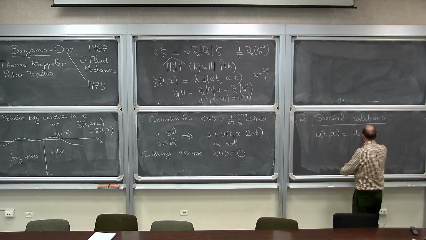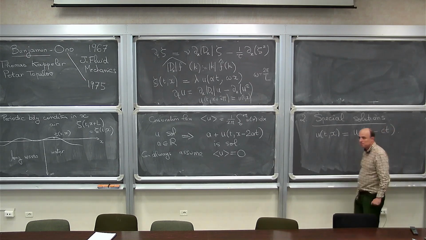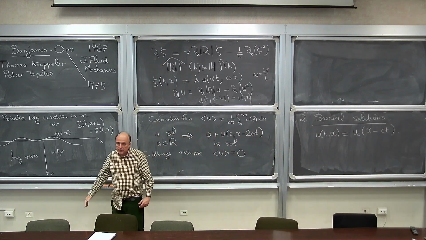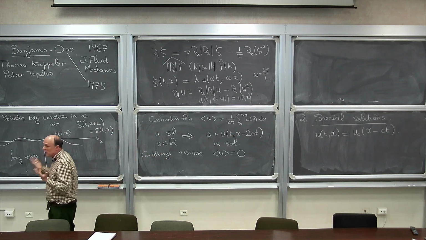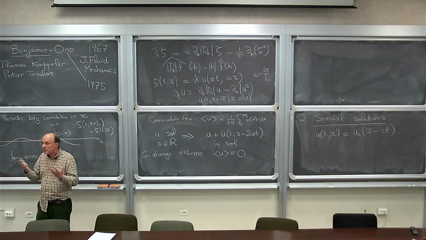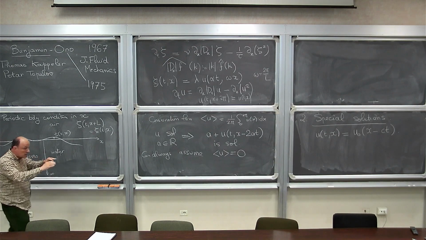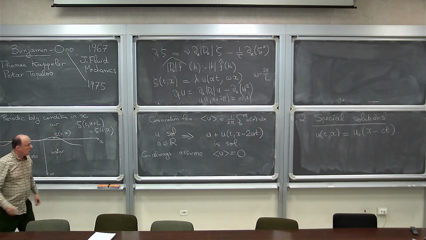U of t, x is just U0 of x minus ct. Solitons, if you prefer. If you know a little bit about the Korteweg-de Vries equation, you know that this equation became really famous because of that, and because of the observations that were made in Edinburgh about this channel and this soliton, which was traveling.